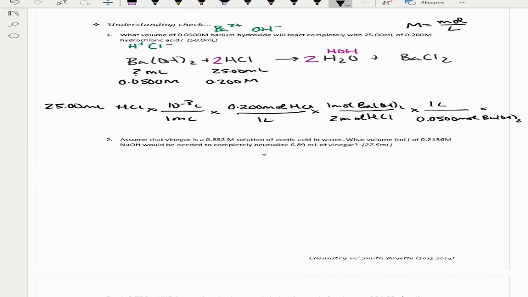We'll need to multiply by the liter conversion to get 50.0 milliliters of 0.0500 molar Ba(OH)2.